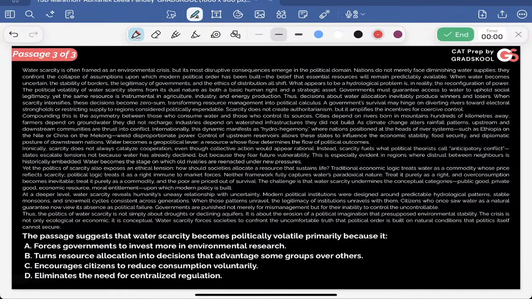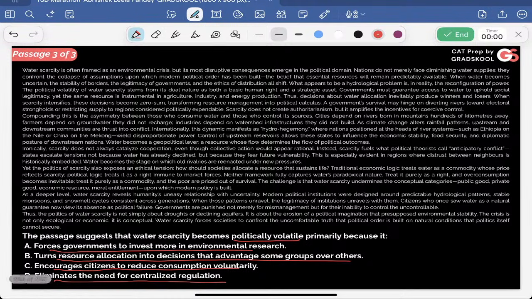The passage suggests that water scarcity becomes politically volatile primarily because it forces governments to invest more in environmental research, turns resource allocation into decisions that advantage some groups over others, encourages citizens to reduce consumption voluntarily, eliminates the need for centralized regulation. Politically volatile. So we have to focus on wherever political volatility has been mentioned.